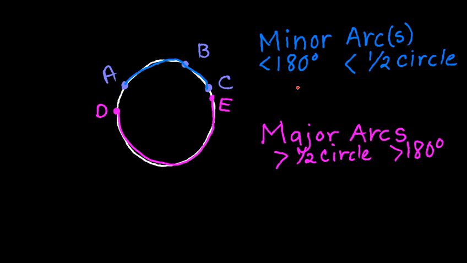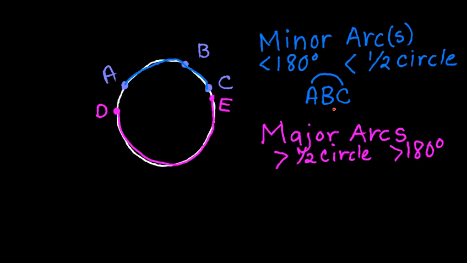The difference is when you name them. When you name a minor arc, you have to include 3 points. The reason is, let's take the example AC. If I did not include the B, I'm going to write this one A, B, C. And to name an arc, you put an arc symbol over the top of it. If I left off the B, this could be interpreted as either the major arc going all the way around the large side of the circle, or the smaller one.